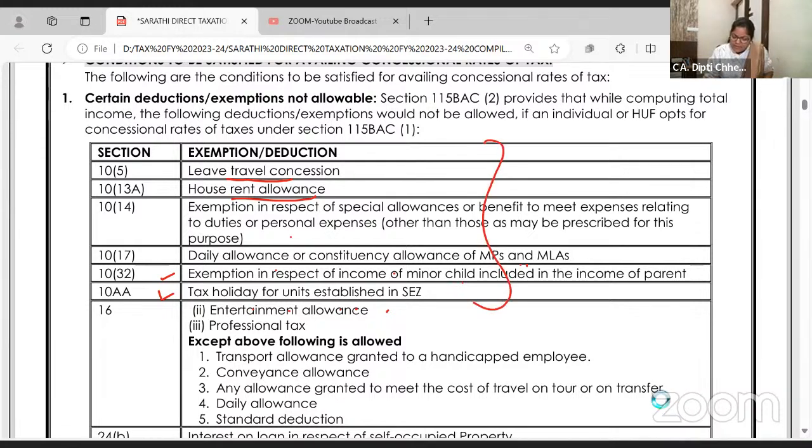Now, in both regimes, ma'am, will we get the gratuity, leave salary, pension, all that exemption? The answer is yes, you will get that at both places.